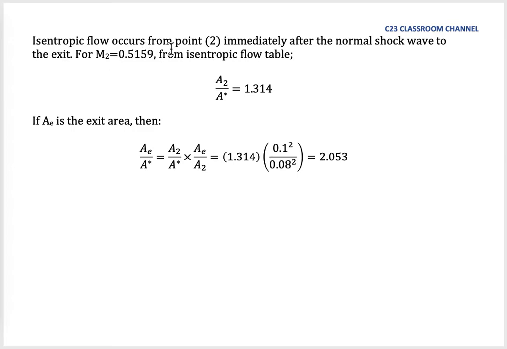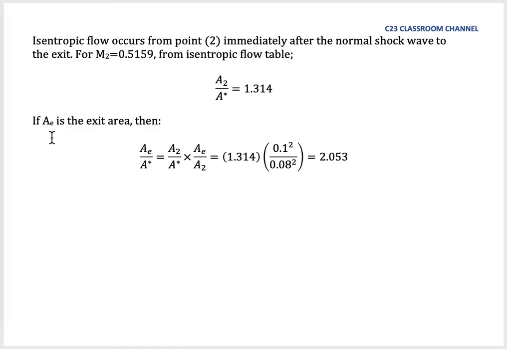Isentropic flow occurs from point 2, immediately after the shock wave, to the exit for M2 equals 0.5159. From the isentropic flow table, we can get A2 over A star is equal to 1.314. You can confirm it with your isentropic table.